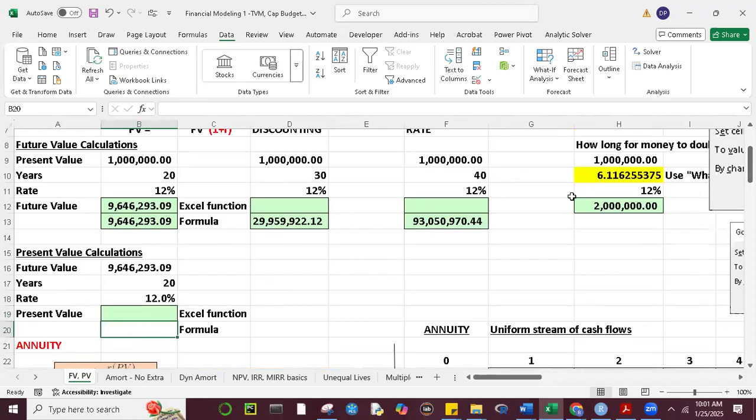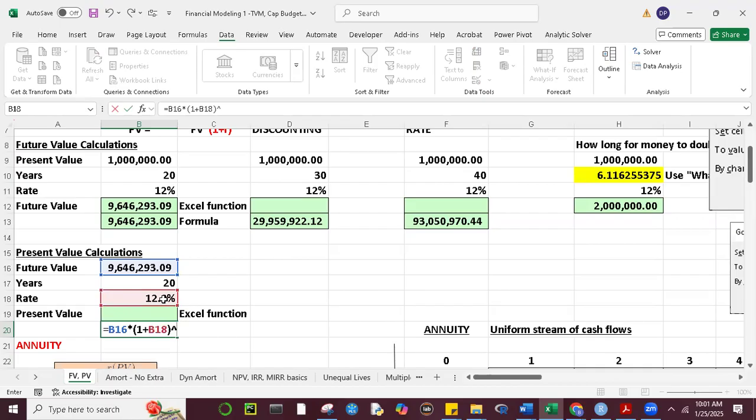So using the formula, let's do this together. This is equal to the future value, this one, multiplied by 1 plus the rate, which is 12%, raised to the negative period. There, class.